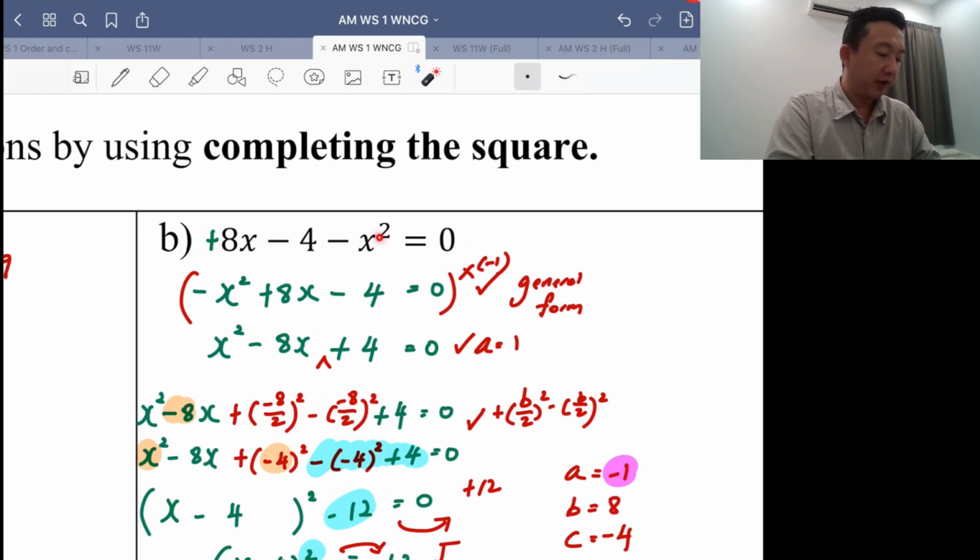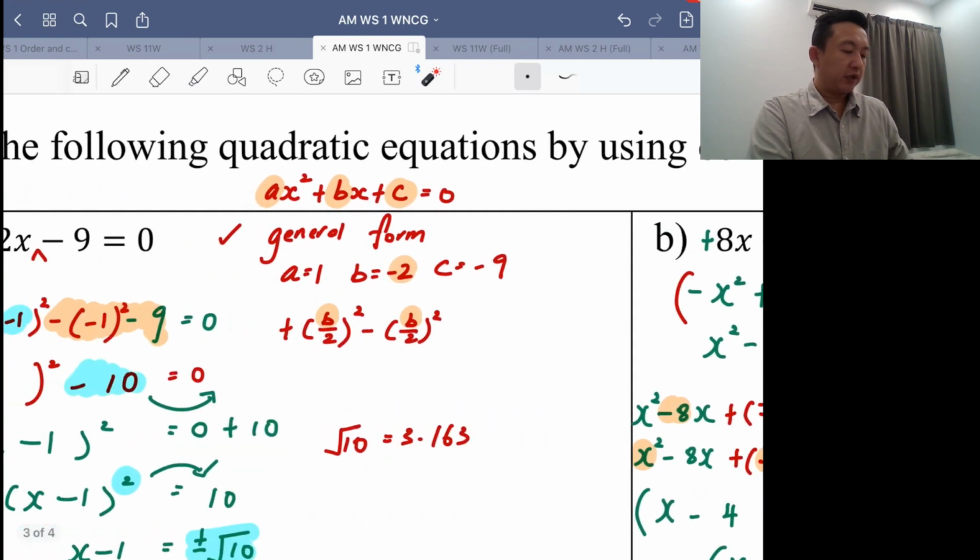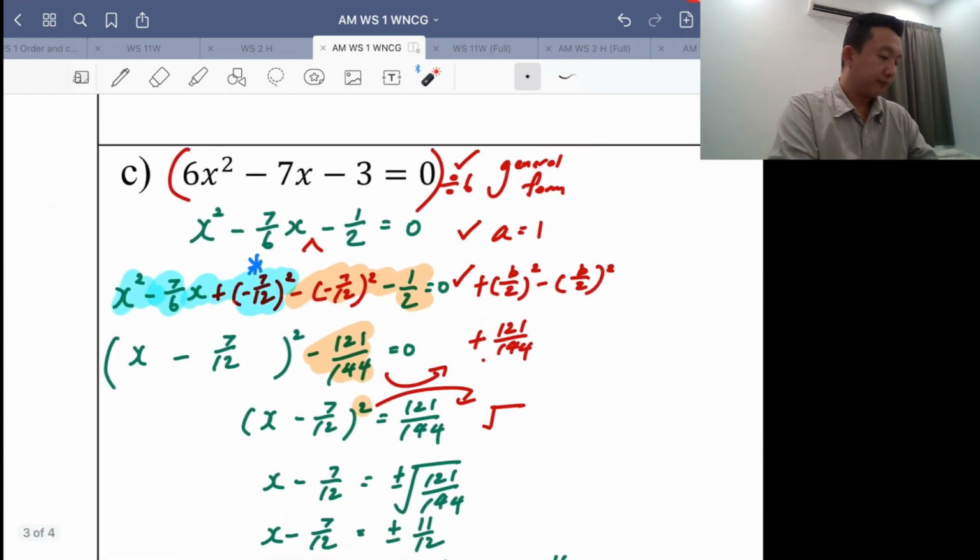So make sure you arrange accordingly, ax squared plus bx plus c, so that you know which are the a, b and c values, the coefficients. Okay, after you have arranged it in the right spots, make sure a equals 1. If your a is not 1, make sure you divide by a certain value. Make sure the coefficient of x squared is 1. So I divided by 6, so my a equals 1.